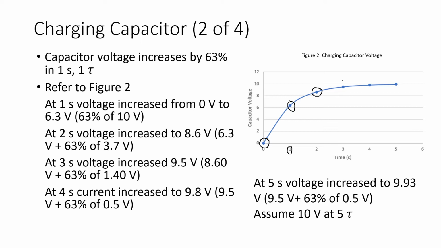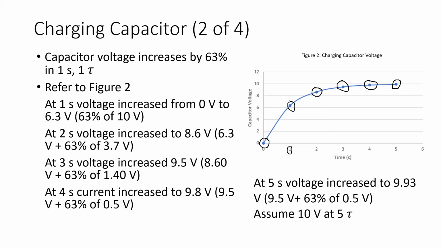At 3 seconds, the capacitor will have charged to 9.5 volts, at 4 seconds, 9.8 volts, and at 5 seconds, 5 time constants, the capacitor will have charged to 9.93 volts.